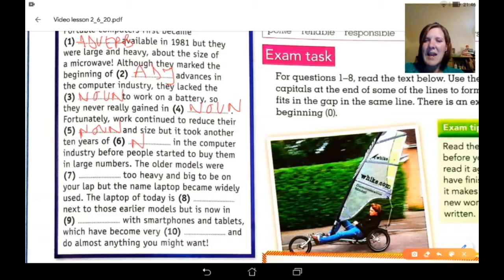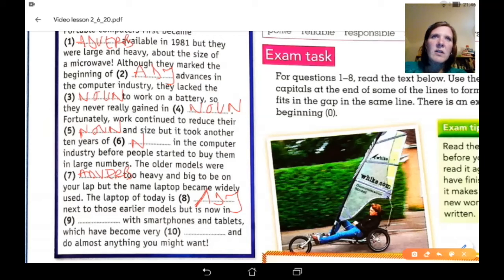I'm writing N. The older models were, let's have a look, number 7. We're looking for an adverb here. Number 8, today is, so here we're looking for an adjective. Is what?